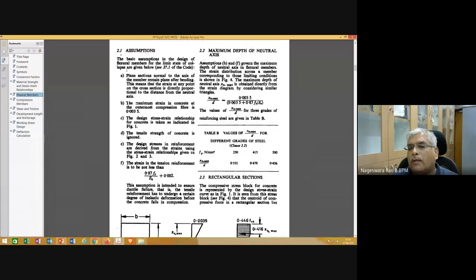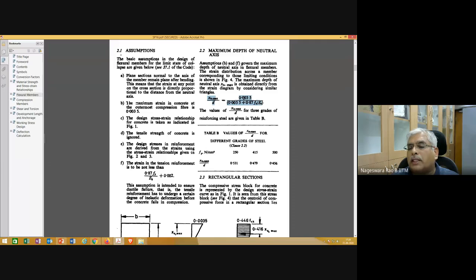Okay, so whatever assumptions that we looked at under limit state of collapse, under flexure in page 68, 69, 70, they are reproduced here, because this is design aids for IS 456. Those assumptions are reproduced here, and also you can see here this equation.